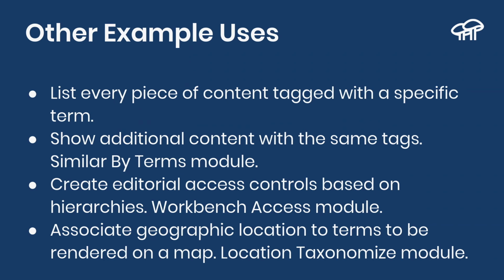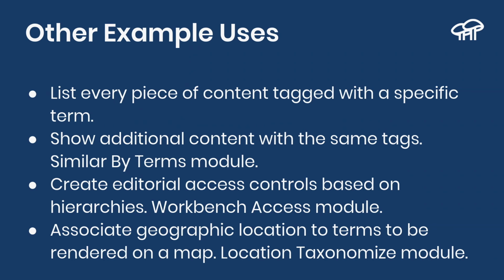You can also say, I'm going to tag this event with the category migrations or theming or React or Drupal and so on. And at the bottom of the article, you can use those terms to show related content. There is a module called Similar By Terms that gives you this functionality.